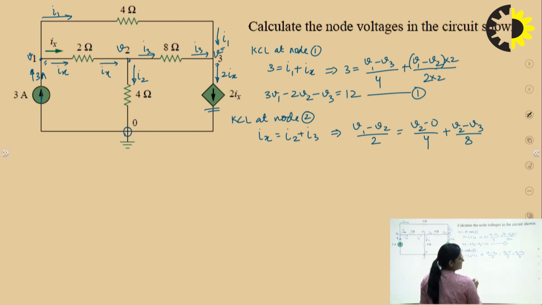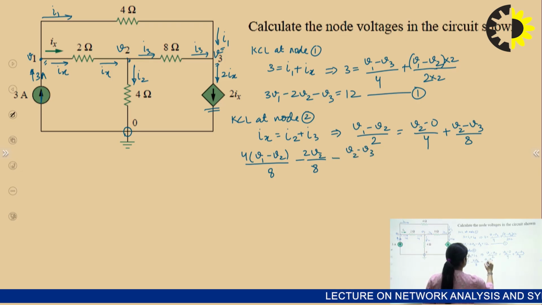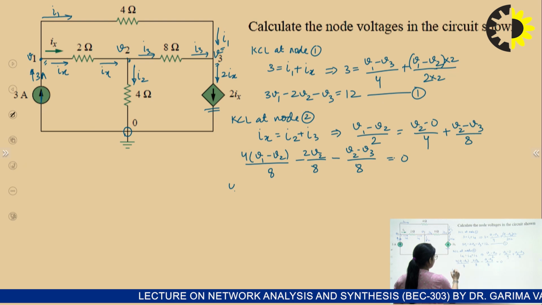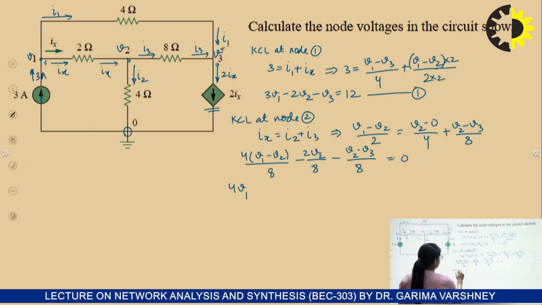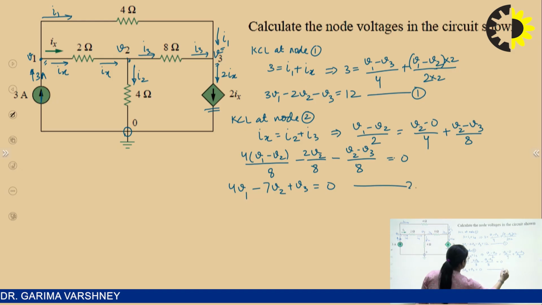Now rearrange this equation. We will get 4V1 minus 7V2 plus V3 is equal to 0. This is equation 2.